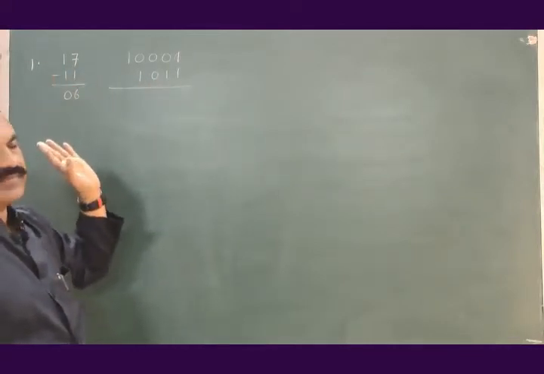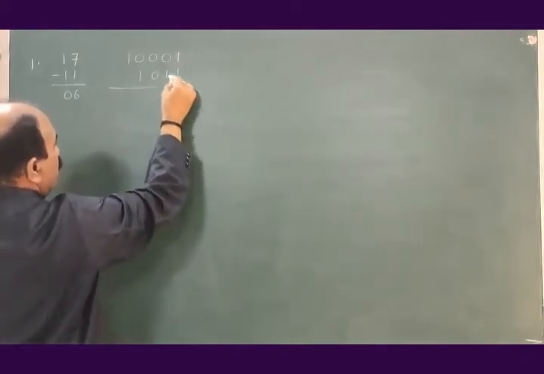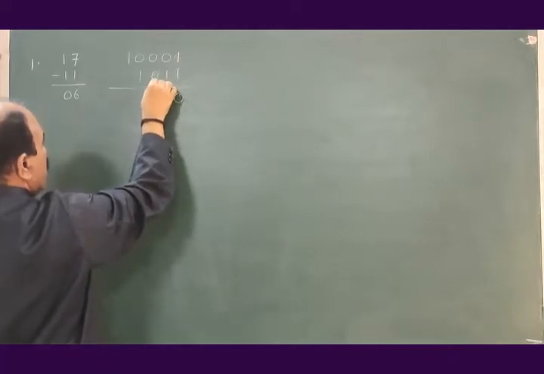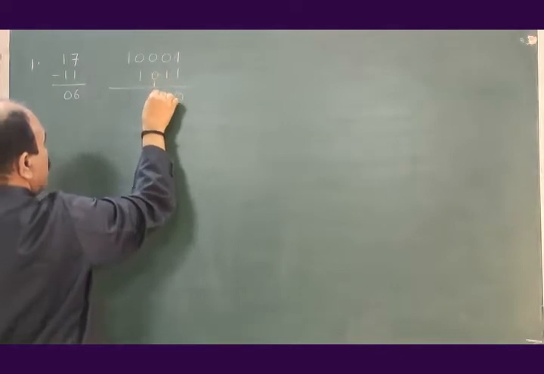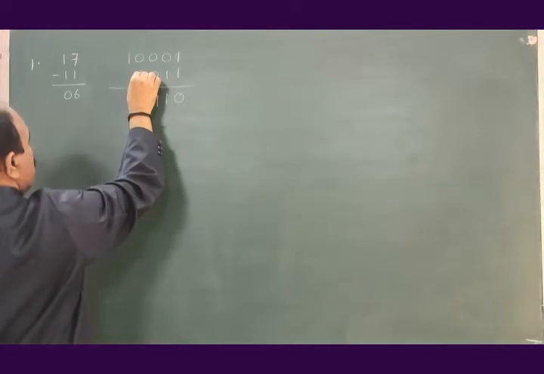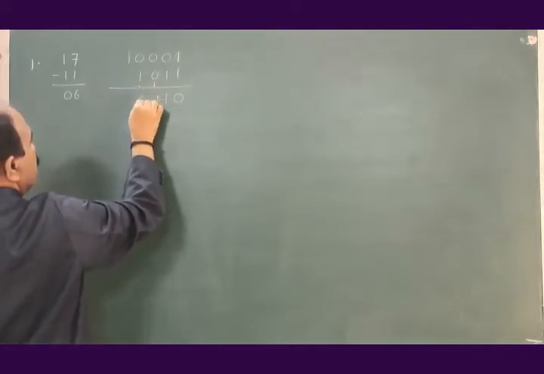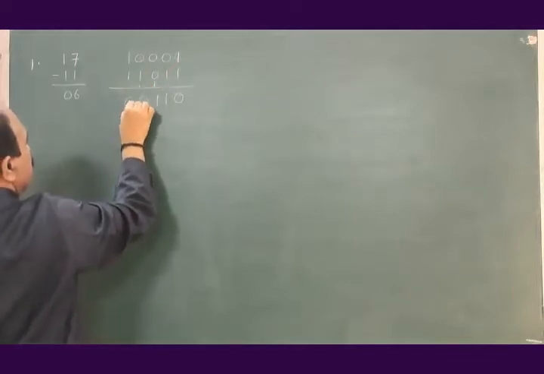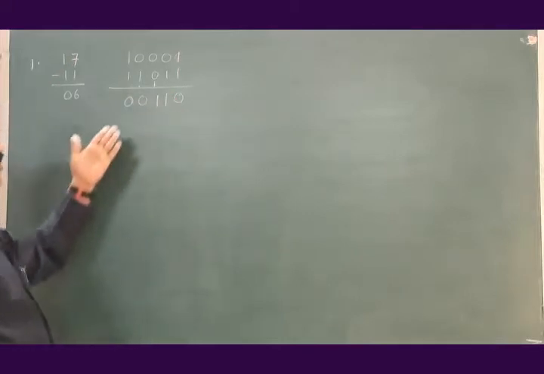Now subtract: 1 minus 1, 0. 0 minus 1, 1 with borrow 1. 0 minus 0, 0. 0 minus 1, 1 with borrow 1. 0 minus 1, 1 with borrow 1. 1 minus 1, 0 with borrow 1. 1 minus 1, 0. That is what? 6.